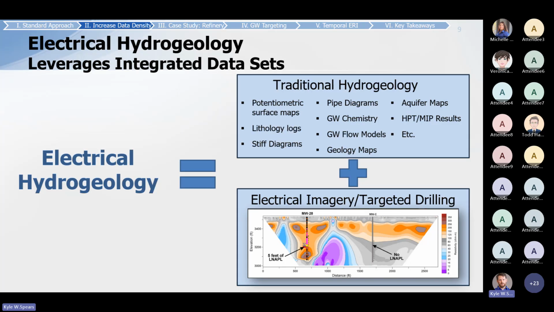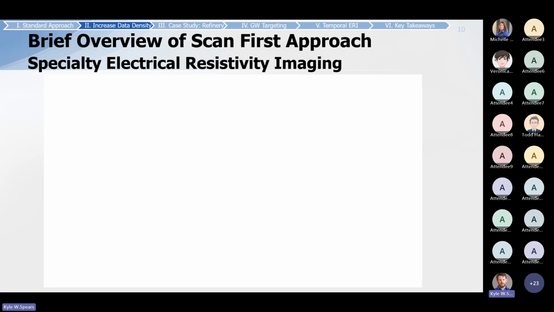It's just taking everything that a traditional hydrogeologist does, looking at the potentiometric surface, looking at lithology logs, and looking at water quality through Stiff diagrams or Piper plots, looking at the groundwater chemistry and geology maps, and we put all that together to understand what we're looking at through the electrical pictures. That integration of those two things is what is so powerful and helps you understand the subsurface, really in three dimensions, in a very robust way.